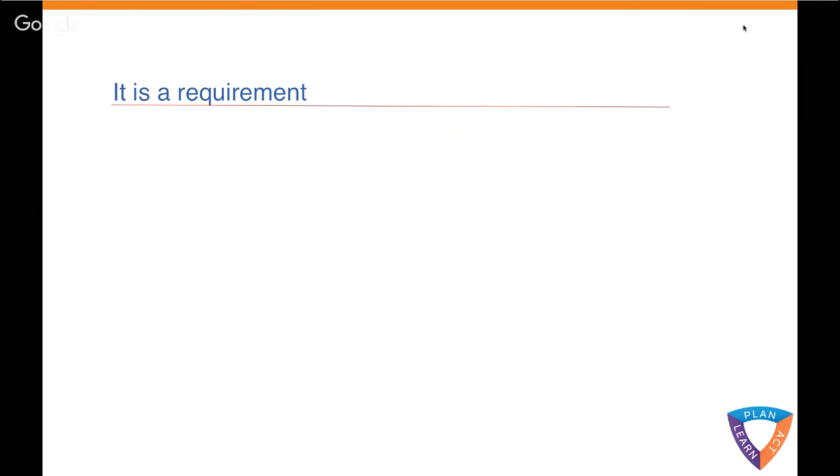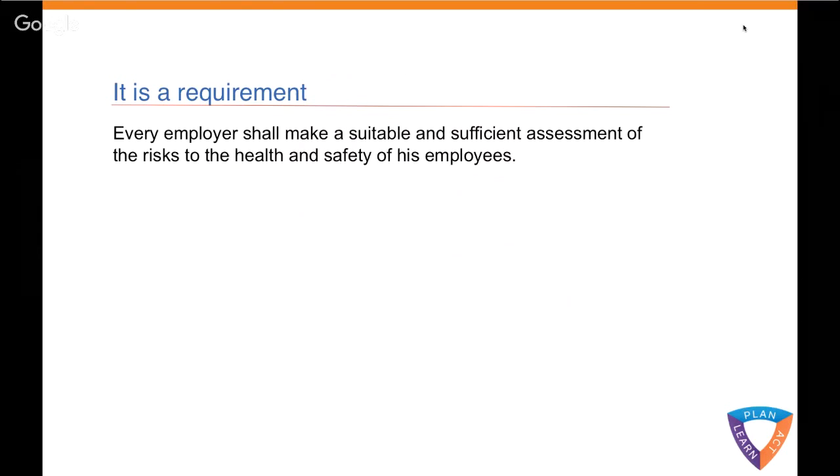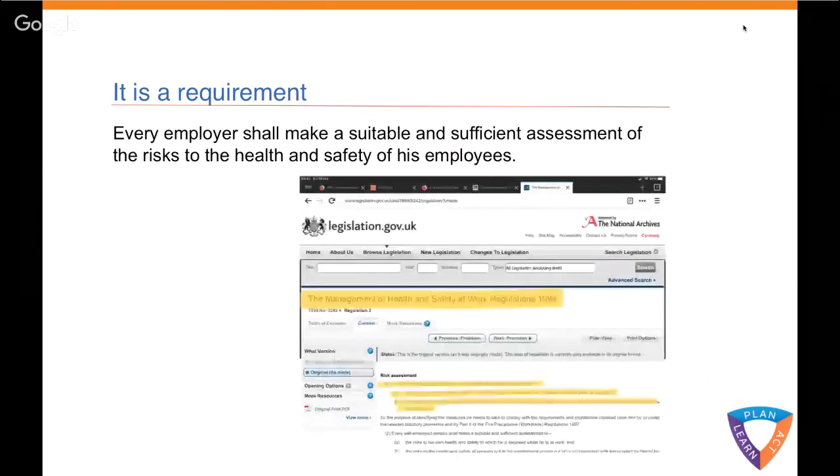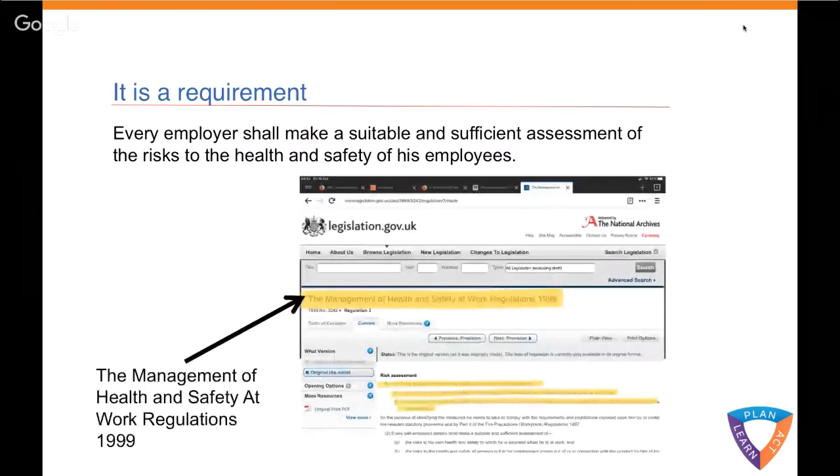The law states every employer shall make a suitable and sufficient assessment of the risks to health and safety of his employees. That's what's written down in the Management of Health and Safety at Work Regulations 1999. As you can see on the screen there, showing you Regulation 3. So let's just read that again.